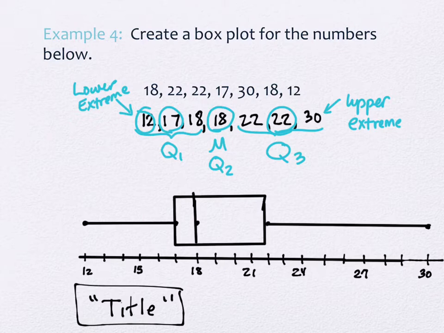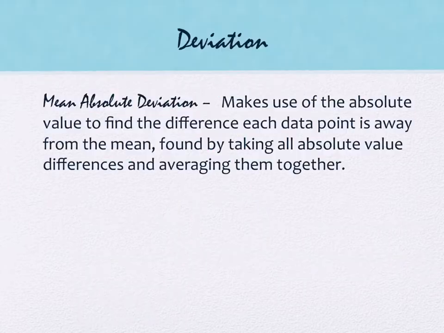The other two things that we're going to look at today are distribution values. The first one is called the mean absolute deviation. The second one is called the standard deviation. They are similar. They're found in similar ways, but their calculations are slightly different once we get far enough in the process. So the mean absolute deviation is the one that comes first. It makes use of the absolute value, namely the absolute in the title, to find the difference each data point is away from the mean.